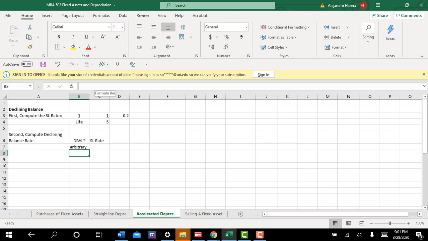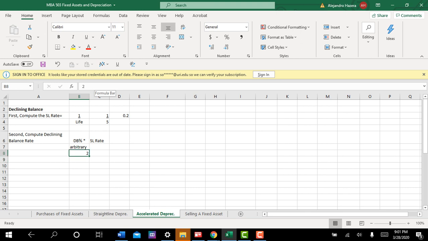People always get this confused, but double declining balance is just declining balance depreciation using a declining balance percentage of 2. By using double declining balance, you're just going to double your straight line rate. We could use 1.5 here. We could use 1.1. We could use 3, but we'll use 2, and that's why it's called double declining balance.